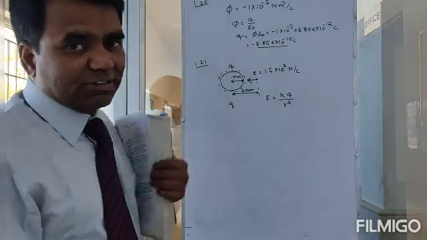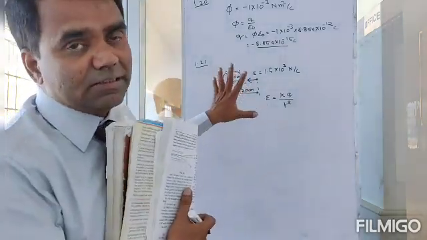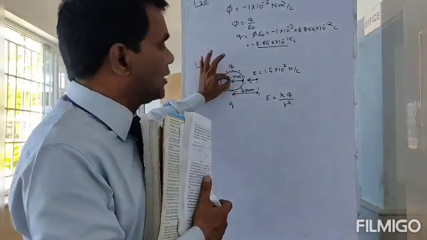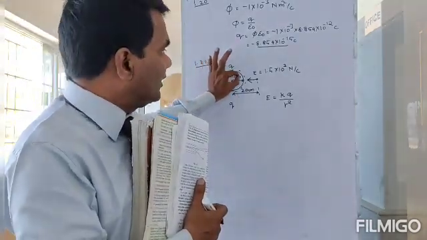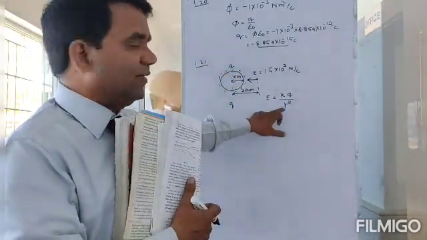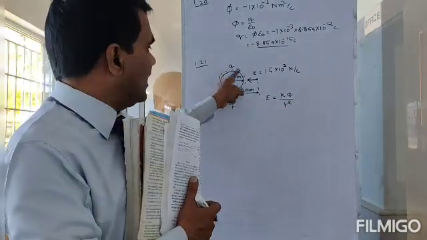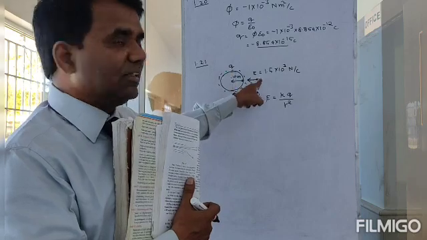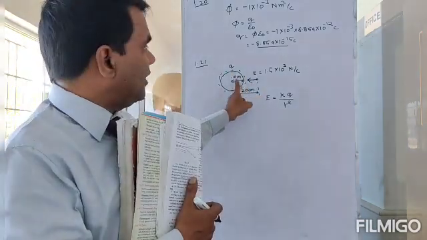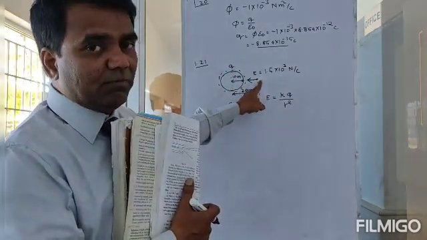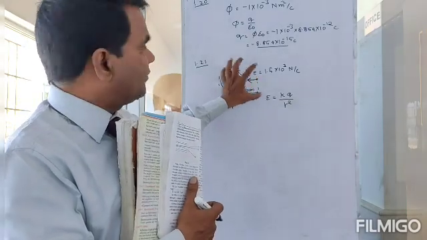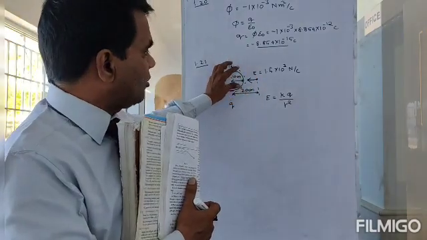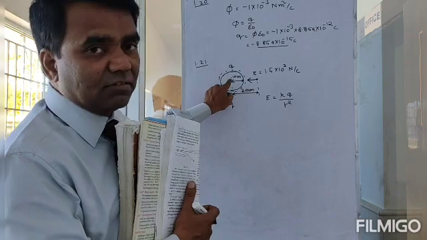If there were a point charge, there is no point charge as I keep saying. If there were a point charge here, then E would be like this. But you have a sphere of charges, but then you are talking about a point which is outside the sphere. So for the points outside the sphere, the sphere will act as if the charge were concentrated at the very center.